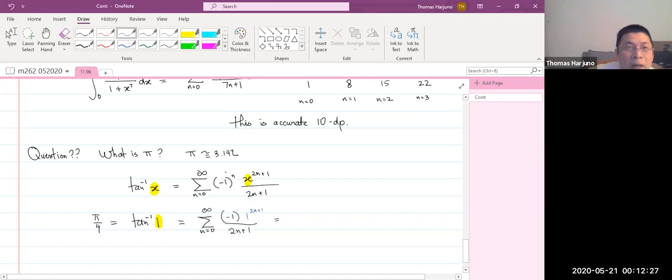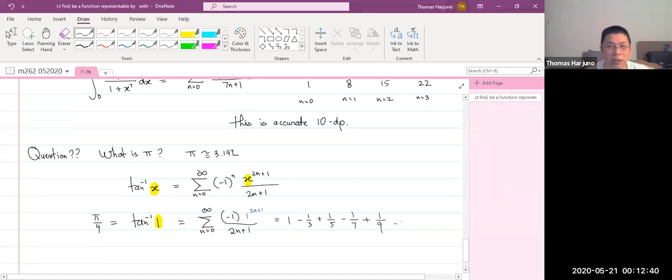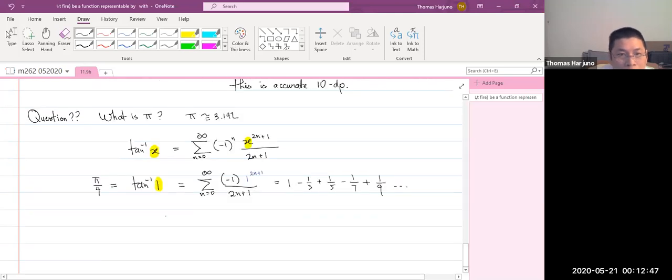If I expand that series, I will see 1 minus 1/3 plus 1/5 minus 1/7 plus 1/9 and so on. That's an infinite series, an alternating series, right? Then if you want to know the actual value of pi, multiply that by 4. You see what I mean?